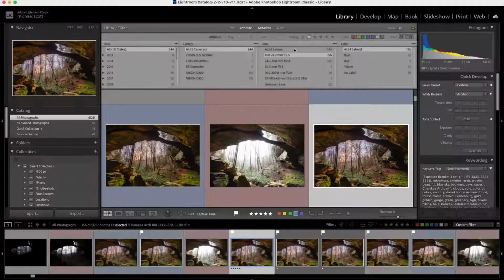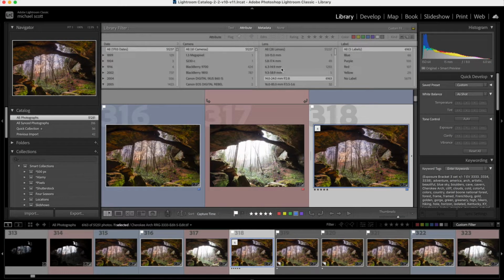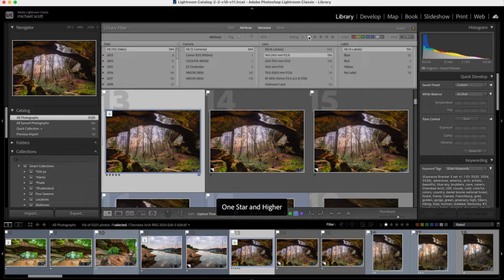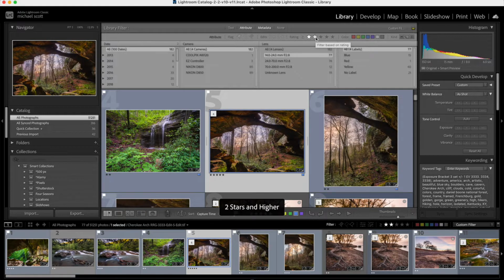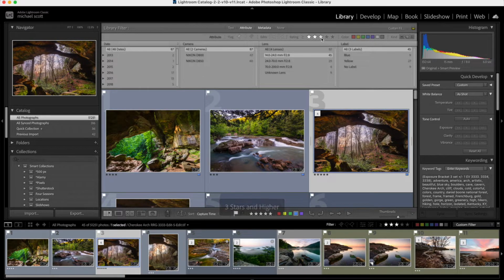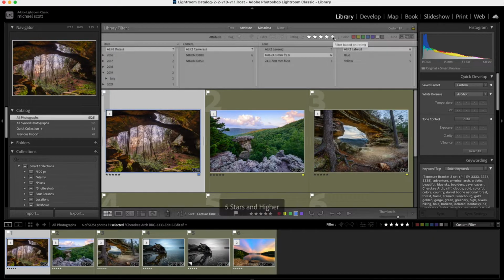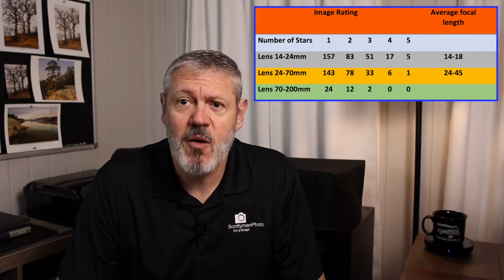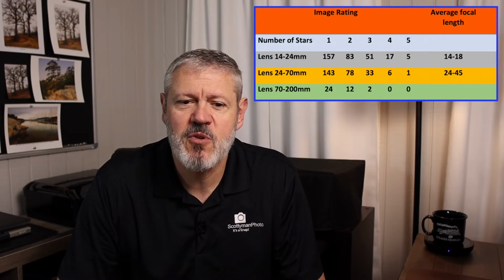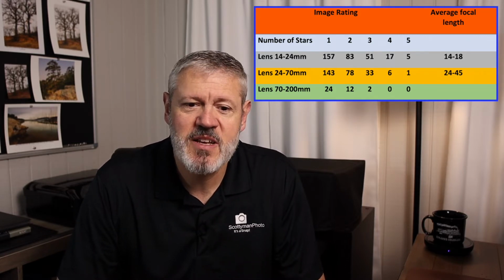So if you take a look here, you can see that on the star systems, I've broken this down into two different focal lengths, 14 to 24 and 24 to 70. So the big comparison between the 14 to 24 and 24 to 70, I have a lot more images that are starred. For example, I've got 157 1-star images on the 14 to 24, but on the 24 to 70, I've got 143.